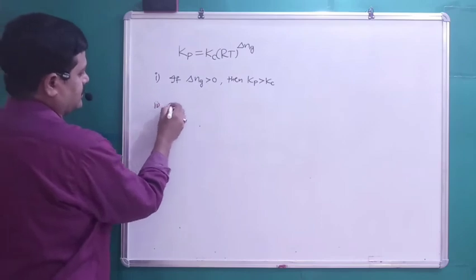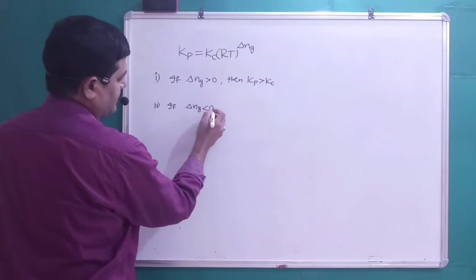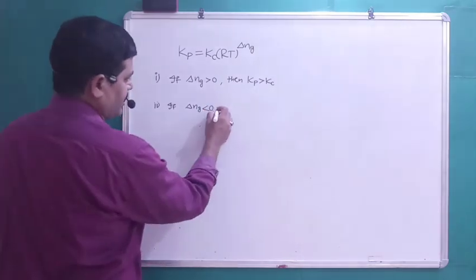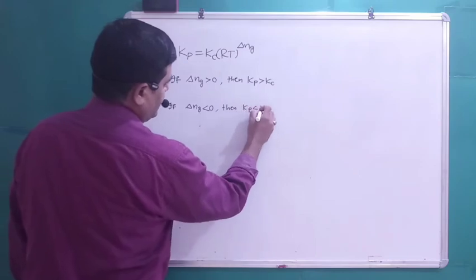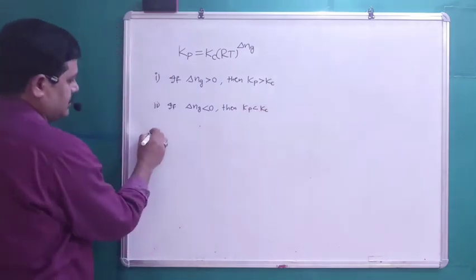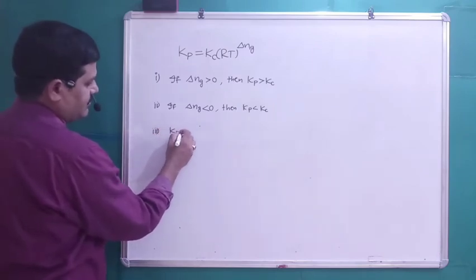Second condition, if delta Ng is less than 0, if the delta Ng value is negative, then Kp is less than Kc. Third condition, Kp is equal to Kc.